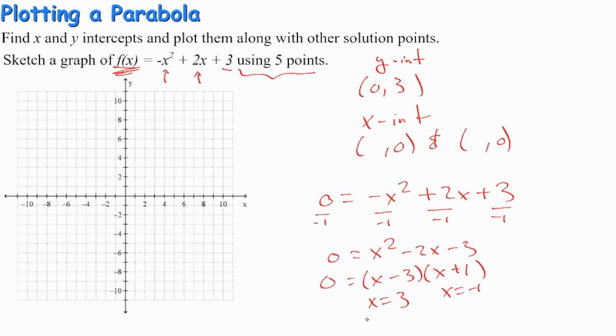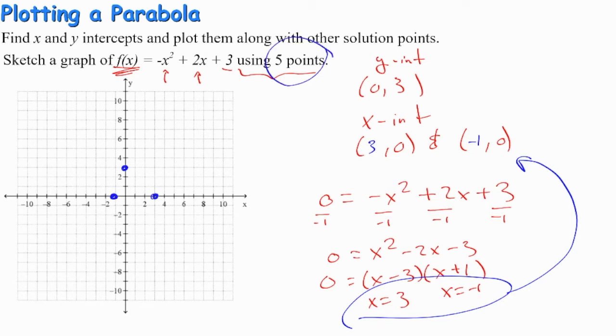And we will put those values into the points up here, 3, 0, and -1, 0. So far we have 3 points. We can start to plot them, 0, 3, 3, 0, and -1, 0.